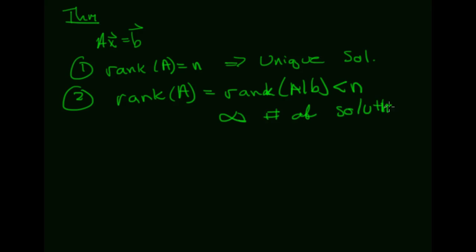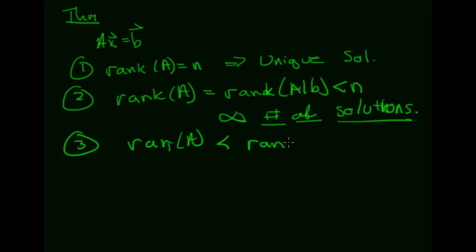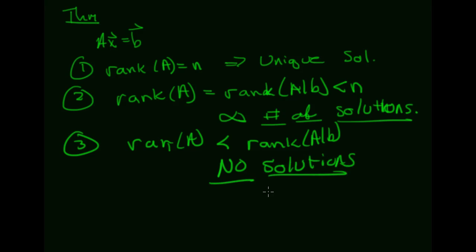So my system of equations is underdetermined. I have an infinite number of solutions. If the rank of A is less than the rank of the augment, then I have an overdetermined system of equations and there are no solutions. Okay, so that's part of the trick there.